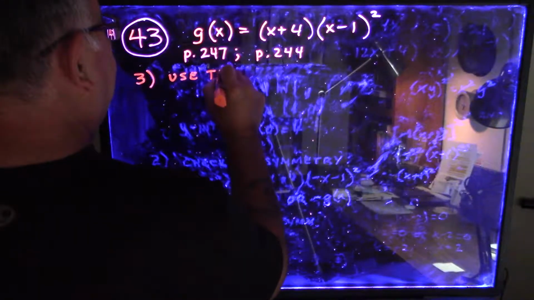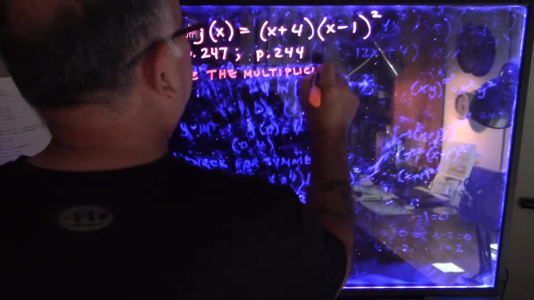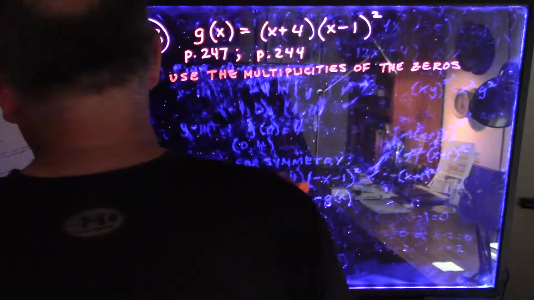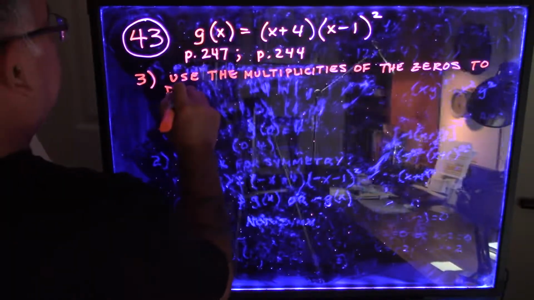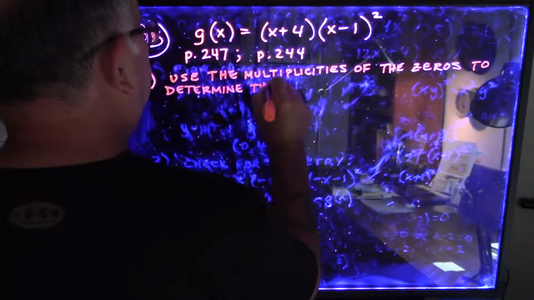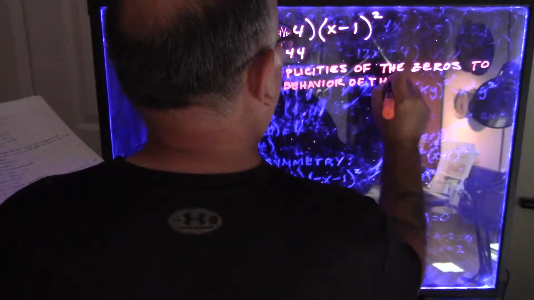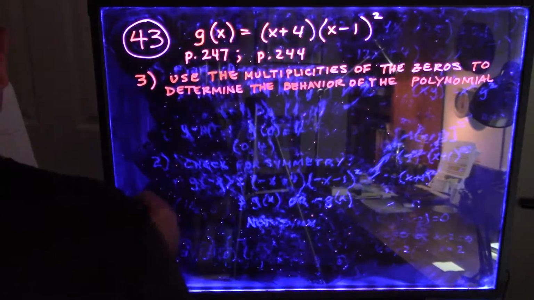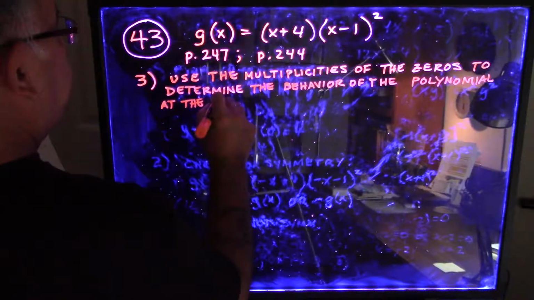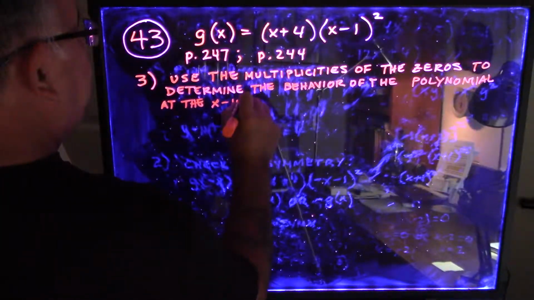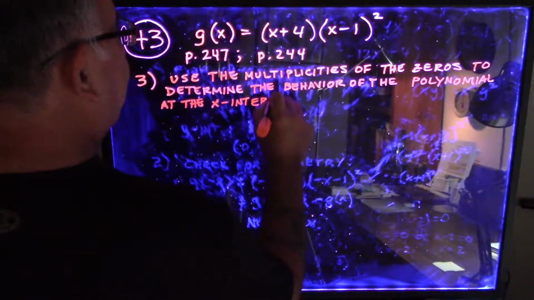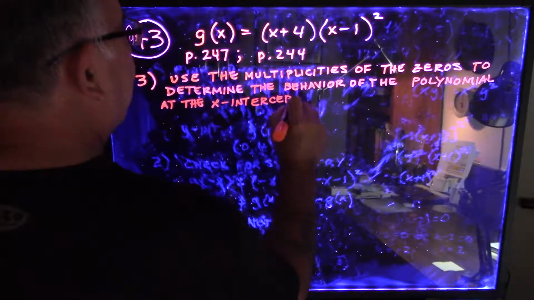Use the multiplicities of the zeros to determine the behavior of the polynomial at the x-intercepts. In other words, does it bounce off at the x-intercept, or does it go all the way through, straight through, so to speak?